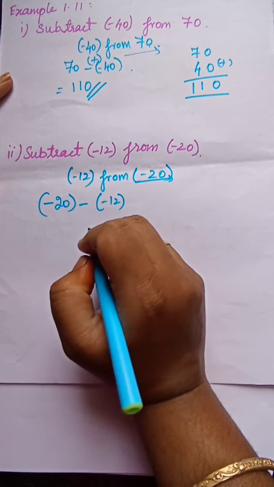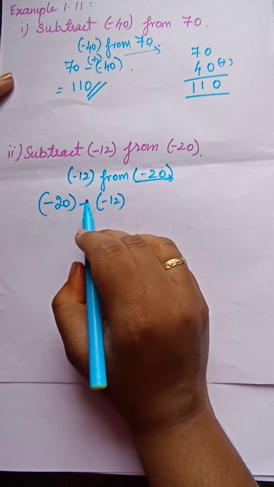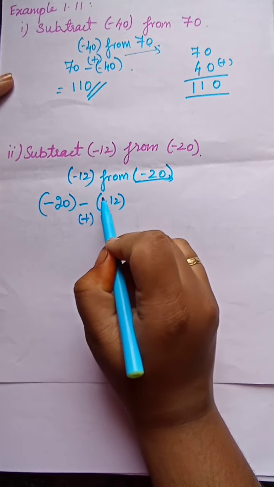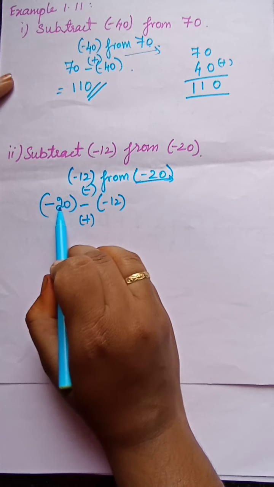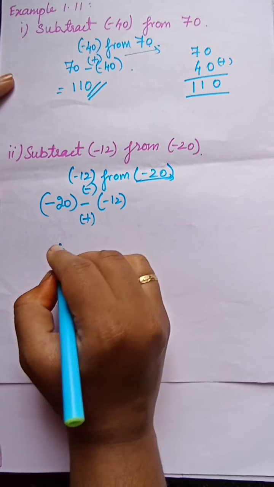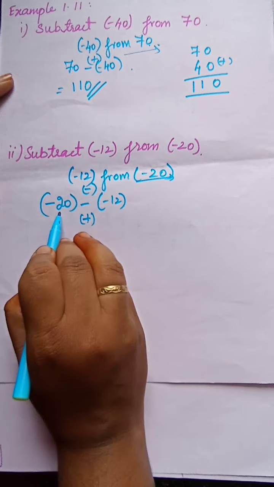So for applying the rule, we have to convert the symbols into 2 symbols, that is minus into minus plus, plus into minus minus. So which one is the biggest number here? 20 is the biggest number. So 20 has negative form, so your answer also will be in negative form. Then we have to subtract these 2 numbers.